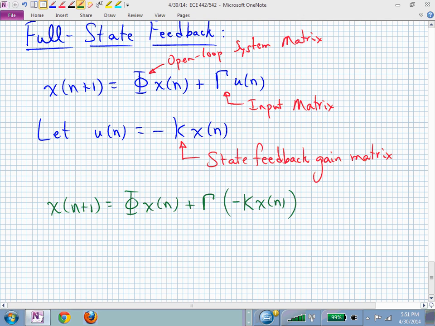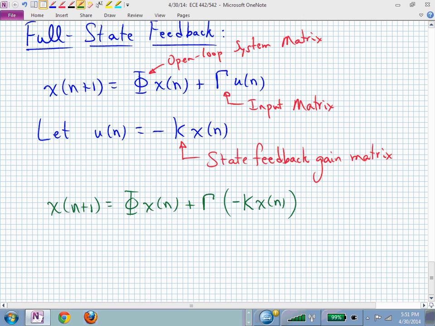By that I mean the matrix products and the matrix sums need to be consistent. Meaning gamma and k better be compatible for a matrix product. And if gamma is one column wide, that's why k needs to be one row tall.